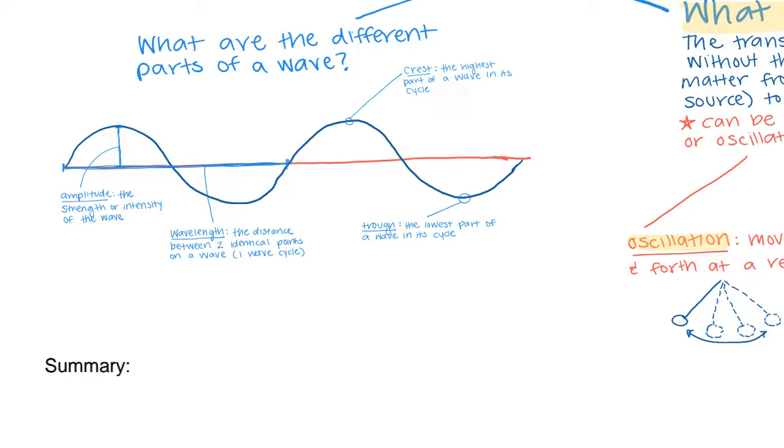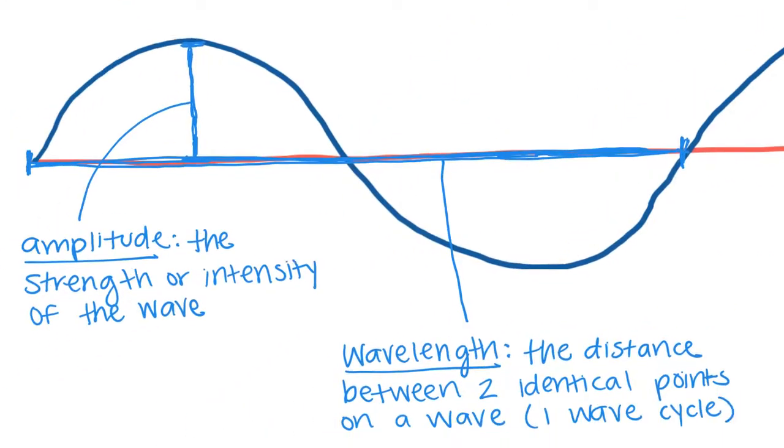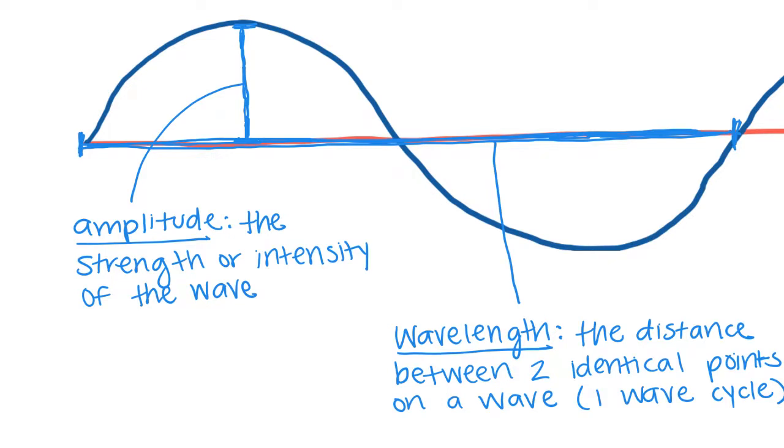So when we talk about the different parts of a wave, we can measure some of these different parts, right? So the amplitude, or also what I kind of like to refer to as the height of the wave, describes the strength or intensity of the wave. We calculate this amplitude by measuring the height of the wave from this baseline, this red line, to the top peak of the wave.